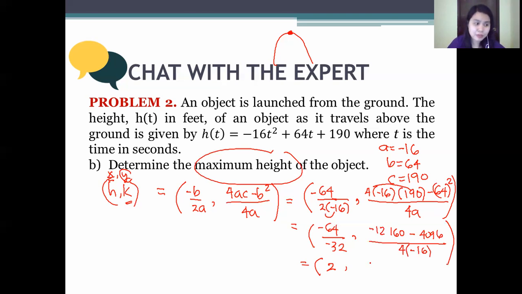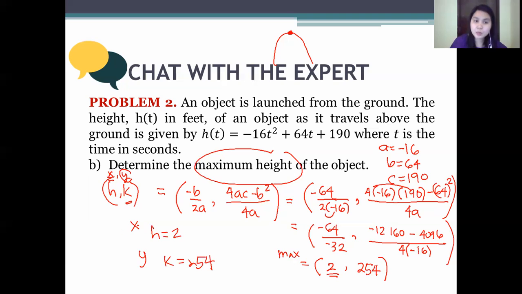We will be left with the answer 254. Now, what does our vertex tell us about our maximum? This is the maximum, right? Remember, our h is 2. That is our x, right? Our y, which is our k, is 254.